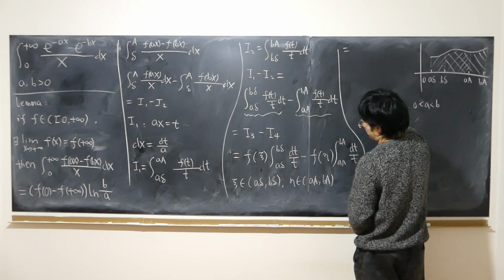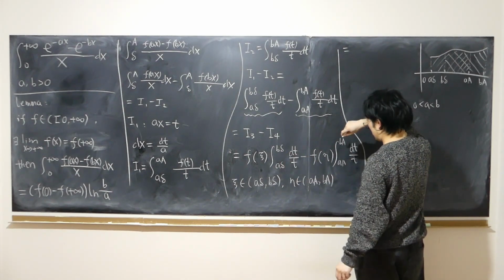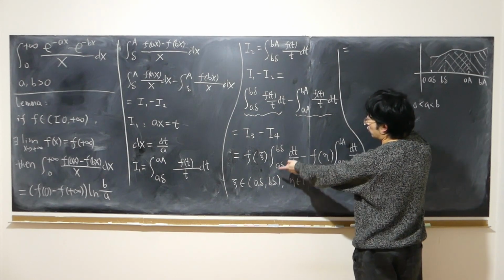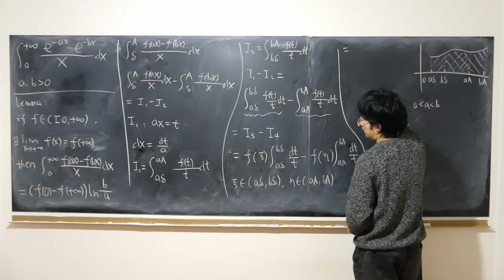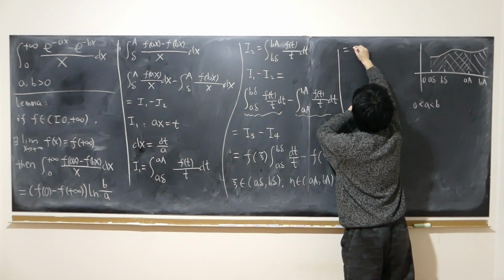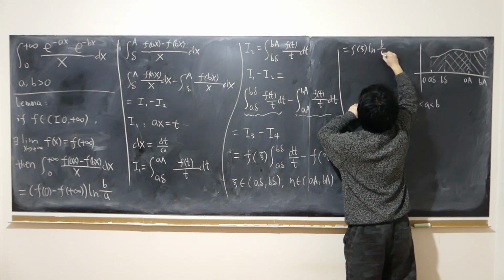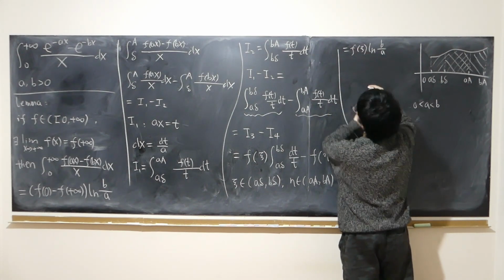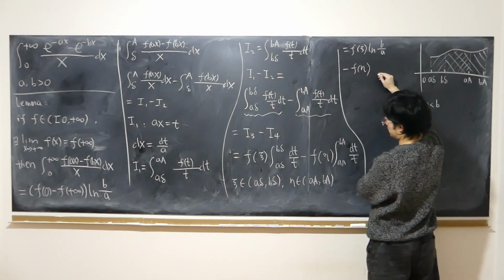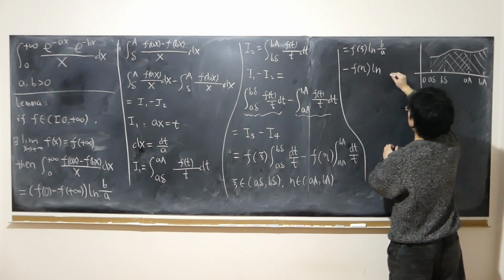Basically I have log of b delta minus log of a delta. By the logarithm rule, I have log of b delta over a delta. Delta cancels out. I have f of c times log of b over a. And for the same reason, minus f of eta times, capital A just cancels out, the same thing, log of b over a.